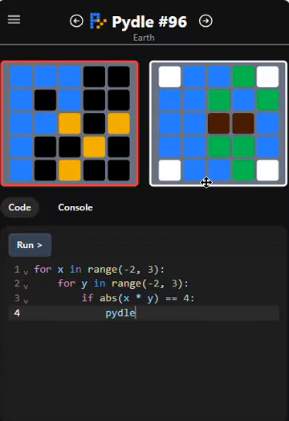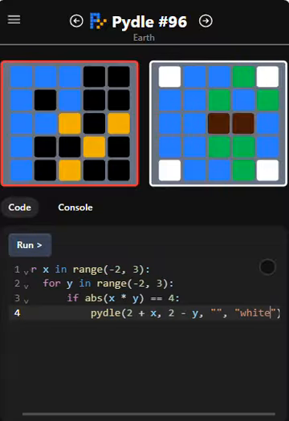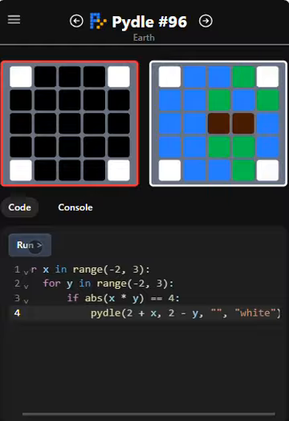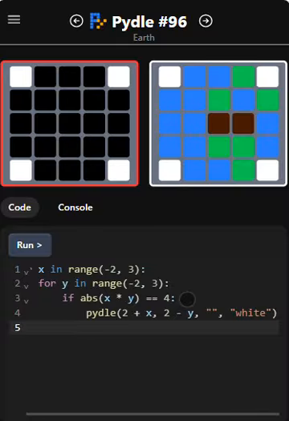So let's do Pydle 2 plus x to convert back to Pydle coordinates, and 2 minus y to convert the y, because the y is inverted, as is usual for plotting canvases. Then we've got that and white. Okay, so that gives us the corners, and the outline of the eye is starting to form.